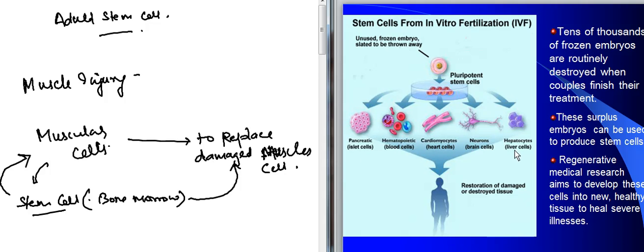Hepatocytes, meaning liver cells, can also be regenerated. That means for any problem in the future, the solution is stem cells. Stem cells can make you healthier, because the stem cells are of your own body and they have a tendency to proliferate into other types of cells.